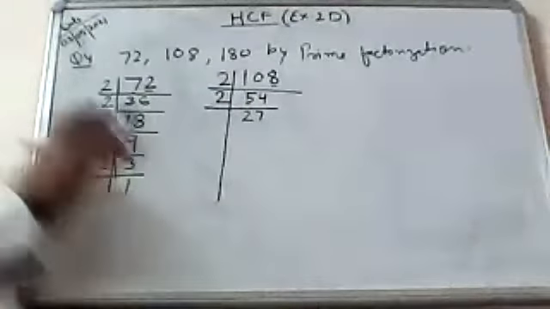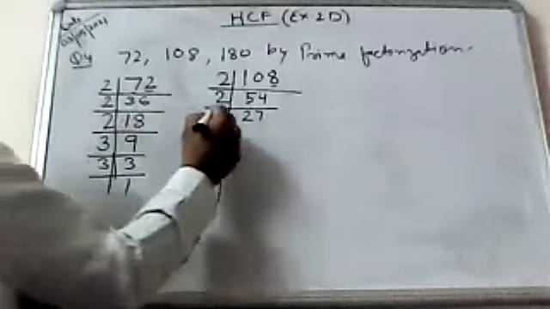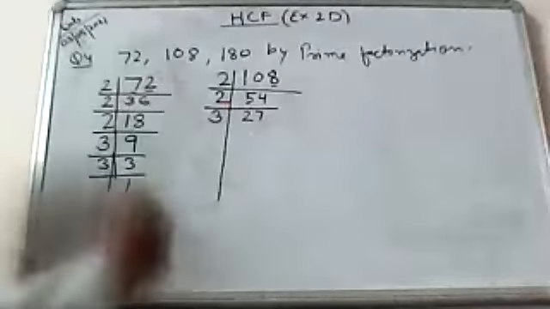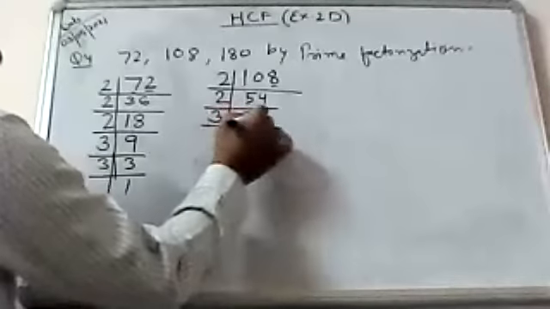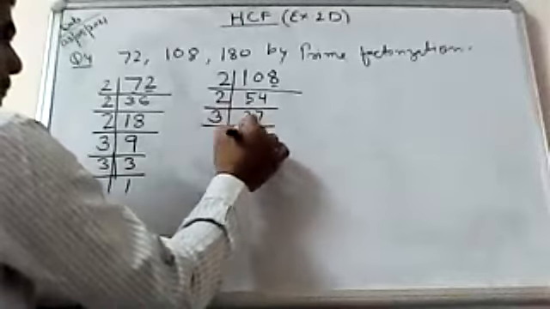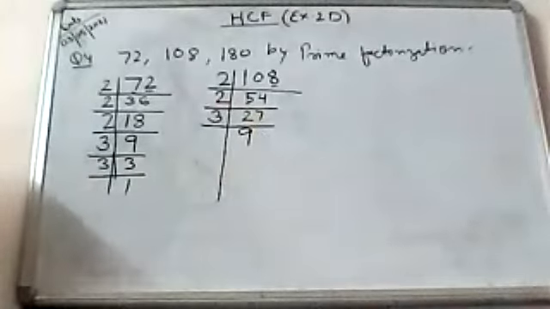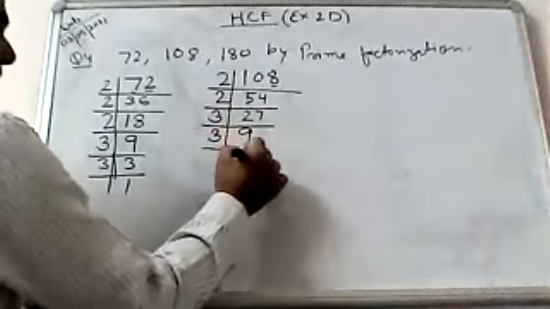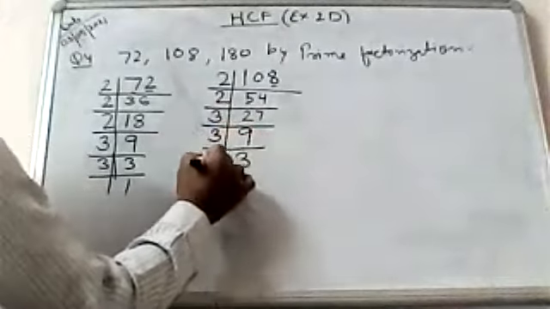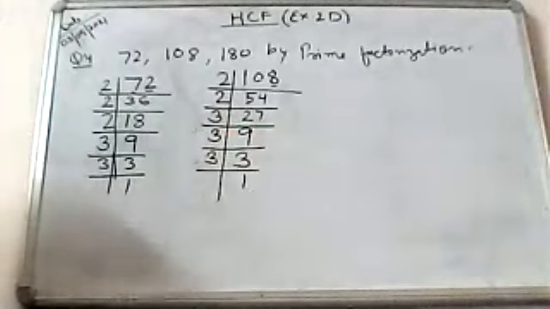Now we cannot divide by 2, so we choose the next prime number 3, because we are able to divide 27 by 3. 3 9 ja 27. Now 3 3 ja 9, then again 3 1 ja 3.